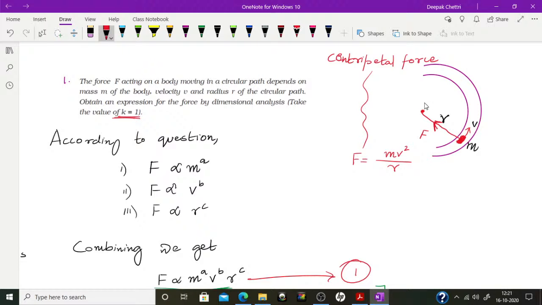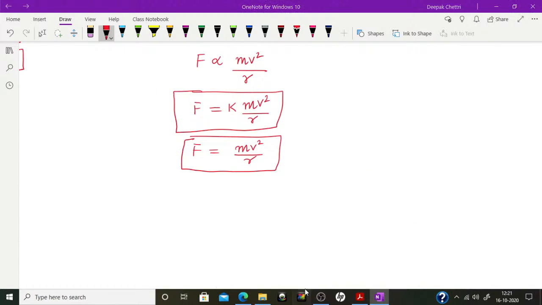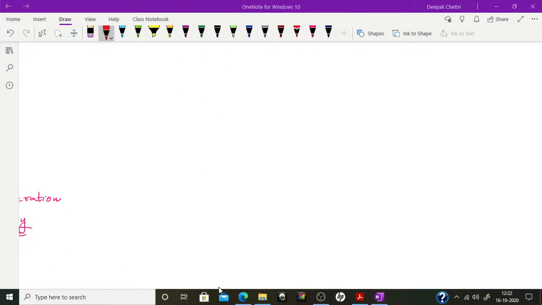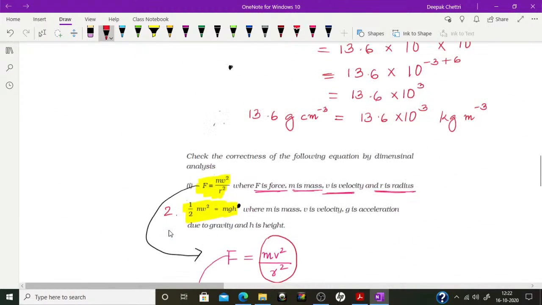Now look at this formula. Just a while back we did a question on this, right? Look here, can you see this question? F is equal to mv square by r square. Because they gave r square, that's why the formula was incorrect.